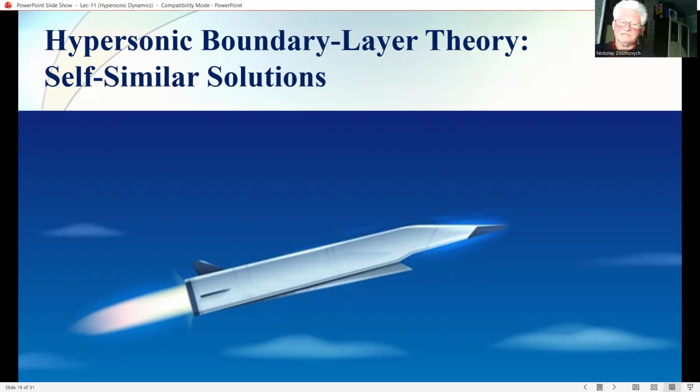Also, the title of this module involves the word hypersonic, but in reality we will be dealing with compressible boundary layer theory. The results will apply to subsonic and supersonic, as well as hypersonic conditions.